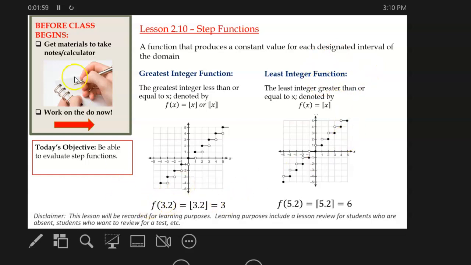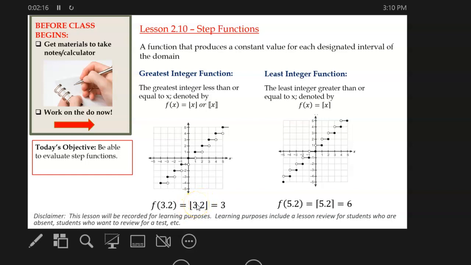An example of a greatest integer function: if we are finding f of 3.2 and we replace x with 3.2, then we are asking for the greatest integer of 3.2.